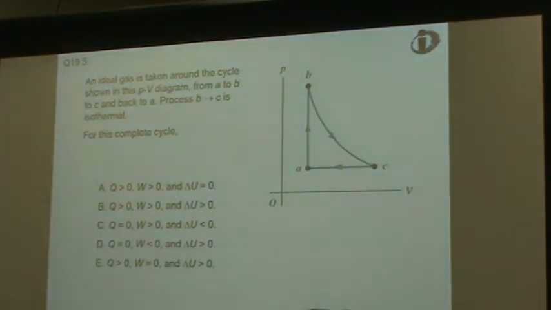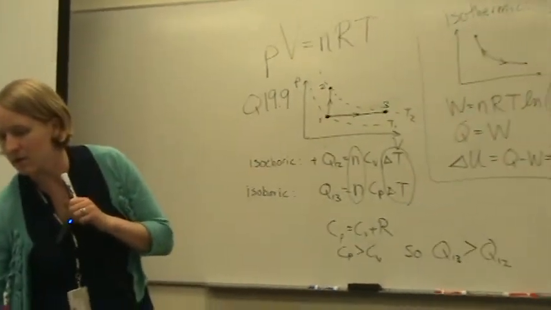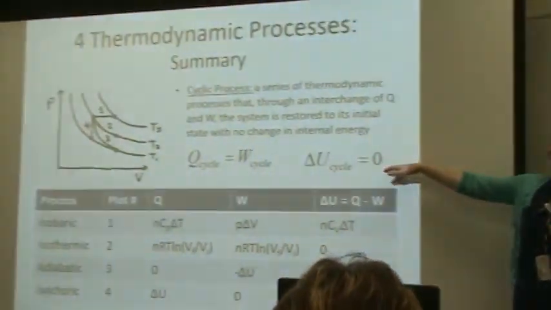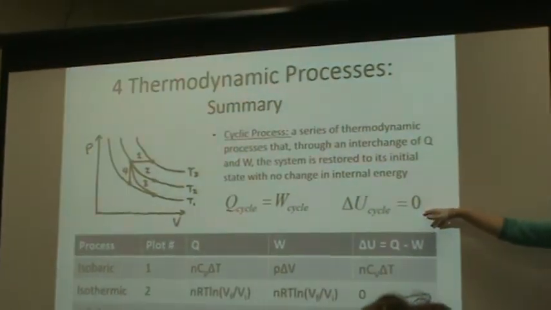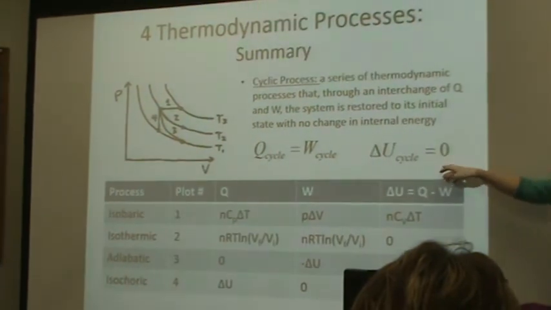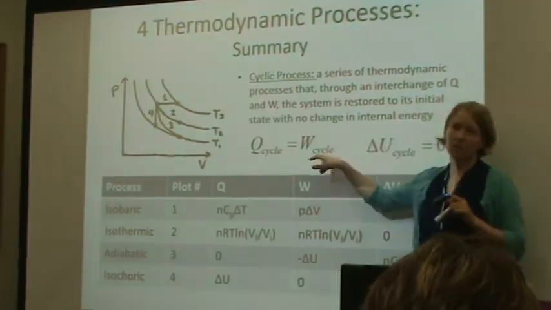You are correct, and this is something I didn't write on the board, but this was on the last slide we had in the presentation, summarizing for a cycle. Delta U is 0 for the same reason John said, because you end up back where you started. So the change in internal energy is 0. And then Q cycle equals work cycle.